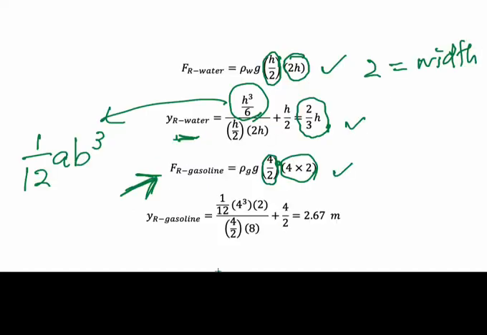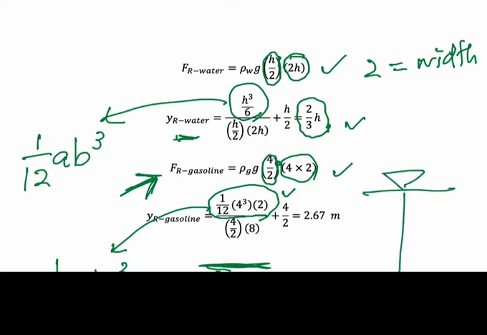Then we could calculate the YR for gasoline like this. I hope you could do your own study to use the moment of inertia from this equation. We could get YR, meaning the distance from the free surface to the resultant force due to the gasoline, which is 2.67 meter.